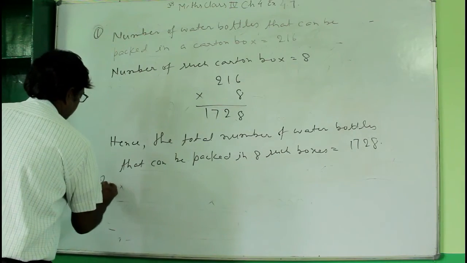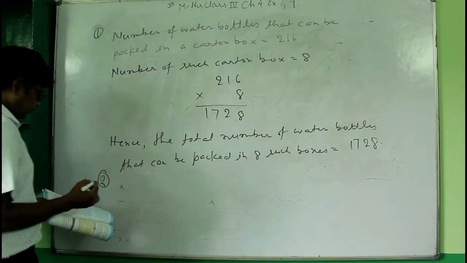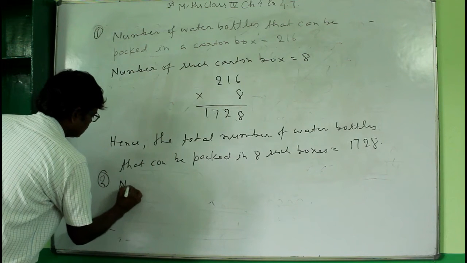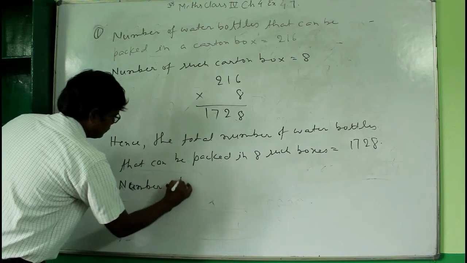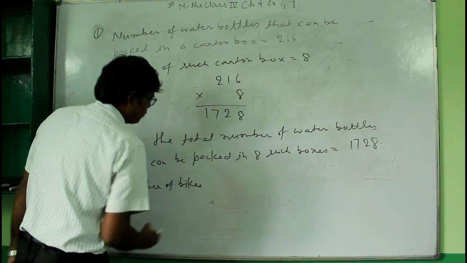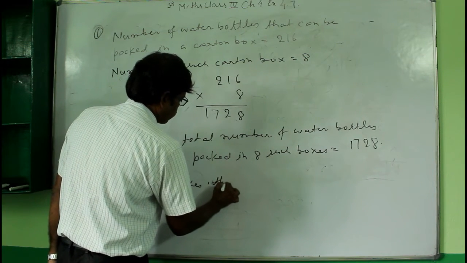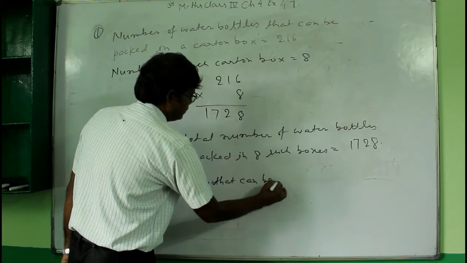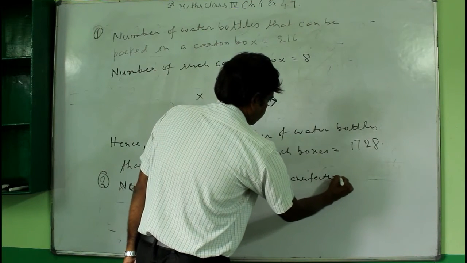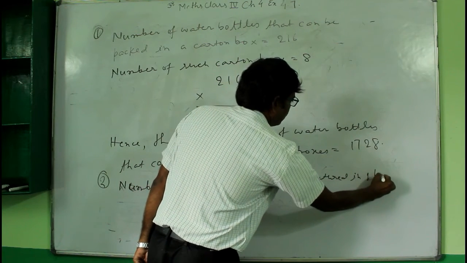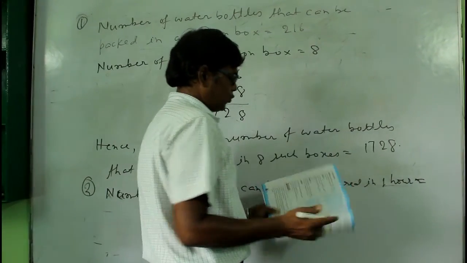So the question number 2 is, first write here number of bikes that can be assembled in 1 hour equal to how much? 215 bikes.